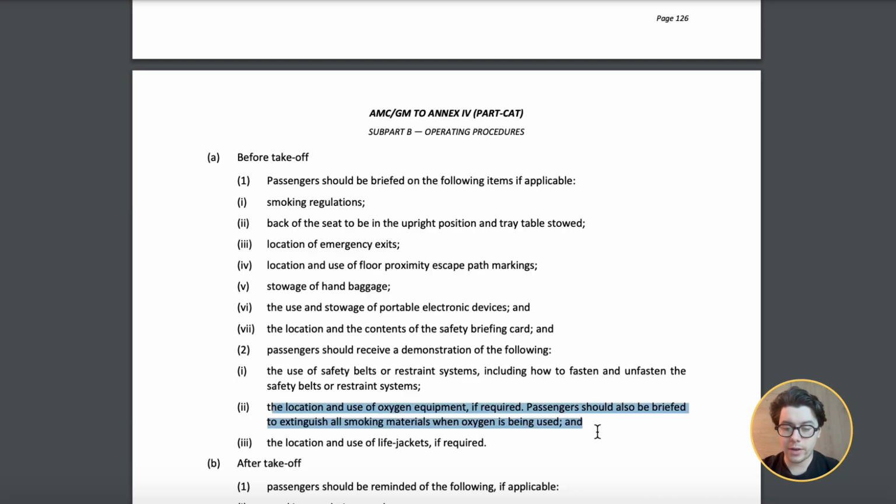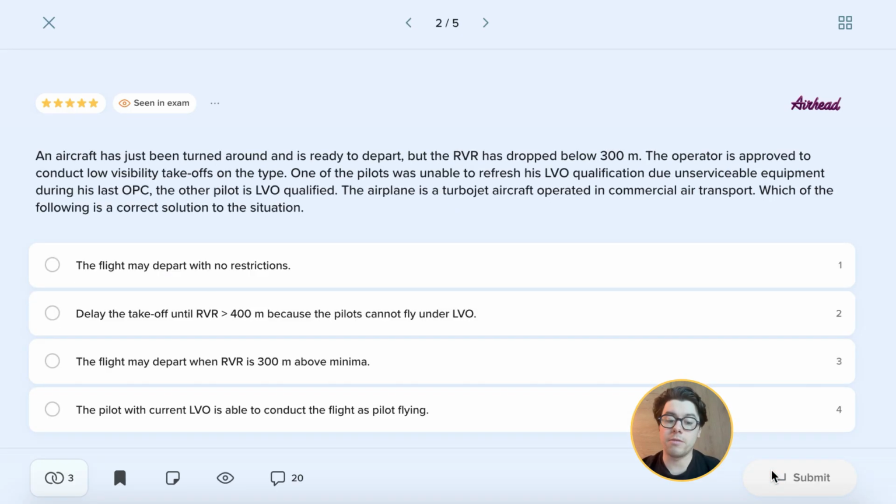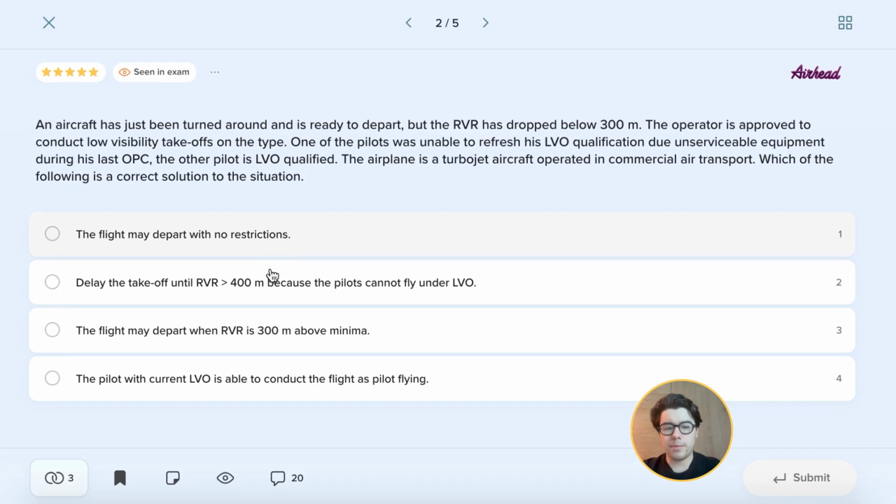And here you can see the passengers should also be briefed to extinguish all smoking materials when oxygen is being used, and where and how to use the oxygen equipment if required. So remember for the exams that you can find it exactly there, and before takeoff it needs to be demonstrated, and before taxi it needs to be checked.